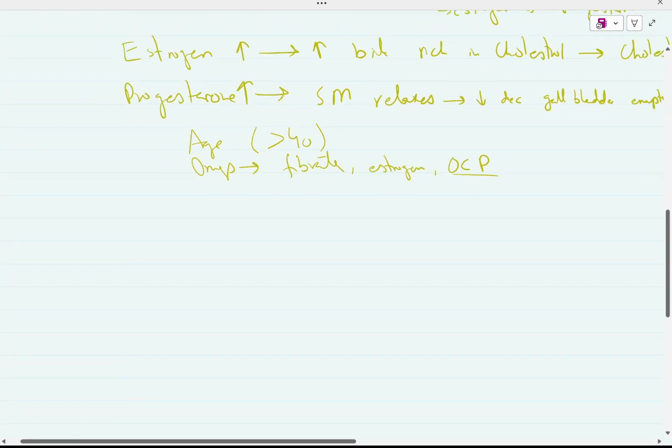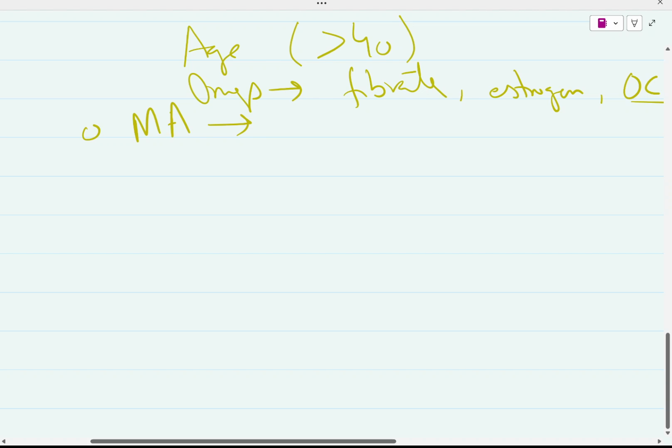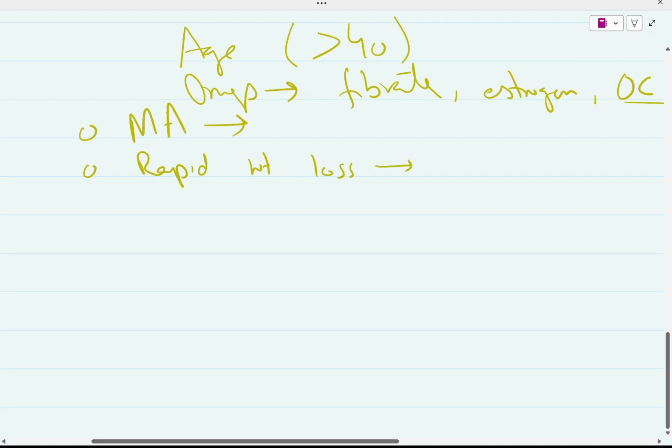The next risk factor of cholesterol stone is malabsorption. So a patient having ileal resection surgery, or cystic fibrosis, or celiac disease, or Crohn disease, having malabsorption symptoms can also have cholesterol stones in the gallbladder. So a patient after rapid weight loss, like a patient who has done bariatric surgery and loses 30-40 kgs in a month, can also have cholesterol stones.